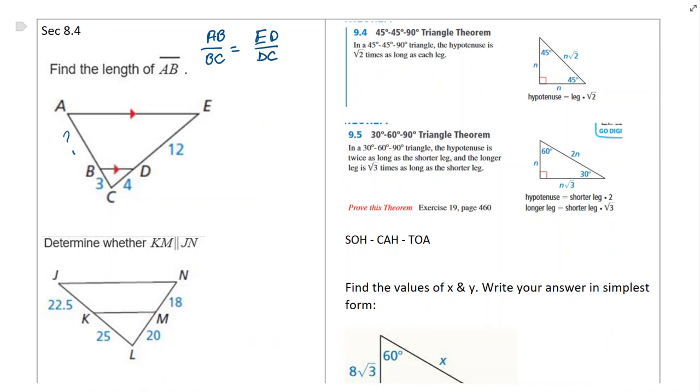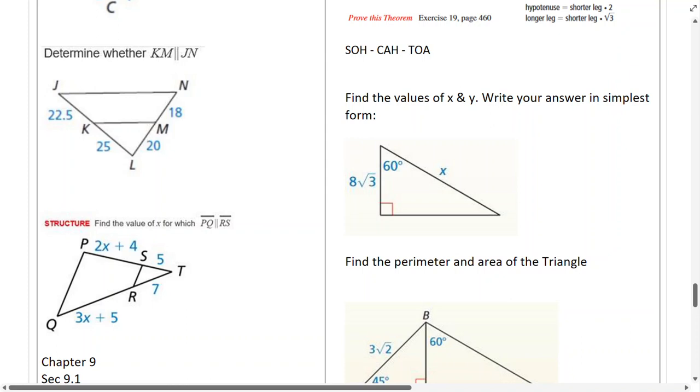All right, so I'm going to have my x is to 3 as 12 is to 4. I'm going to cross multiply. A little bit of math, nothing serious. And I get x is 9. So to be proportional, according to the theorem, that's what would take place.